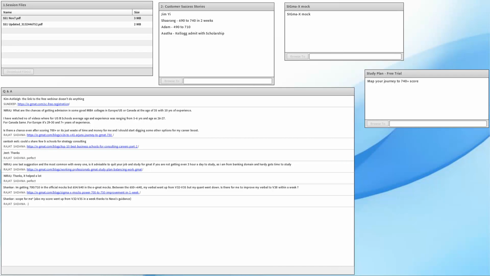Most likely, 7 out of 10 times that person would have an MBA and a GMAT score. And if on your resume there's a GMAT score of 730, 740, 760, even before you walk in, there will be that ounce of respect for you. So you will be heard. There'll also be the expectation that you will do better, but there'll be that ounce of respect.